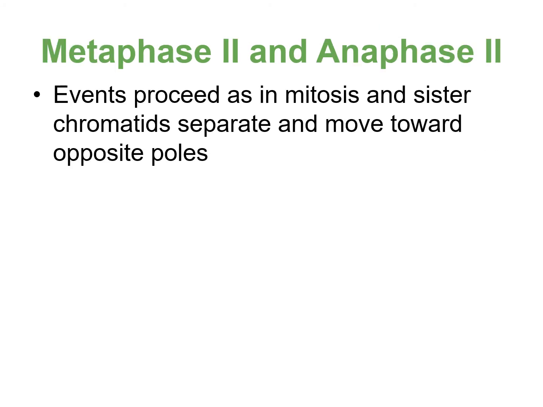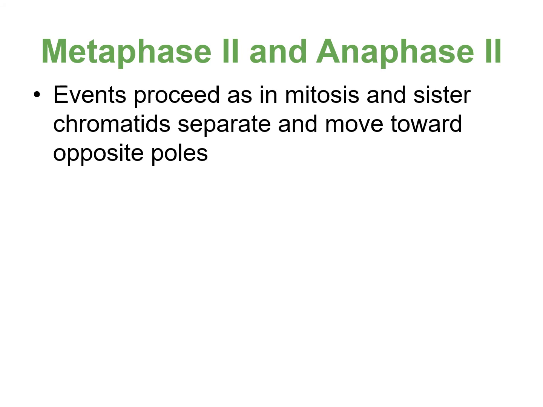And in metaphase 2 and anaphase 2, these processes are very similar to the process that we have already talked about. In metaphase 2, the sister chromatids are maximally condensed and they are going to align at the equator of the cell. In anaphase 2, the sister chromatids are pulled apart by the kinetochore microtubules and they're going to move toward opposite poles.